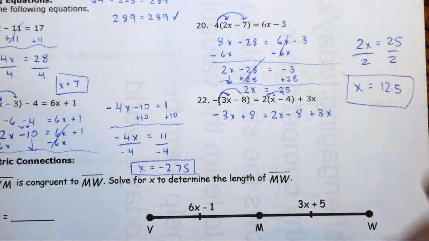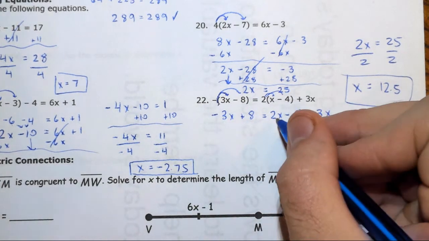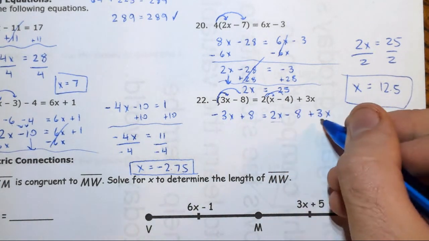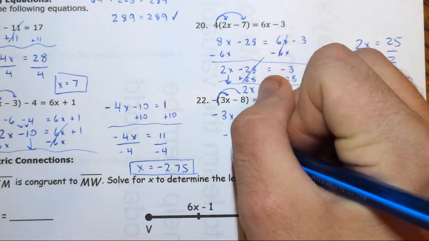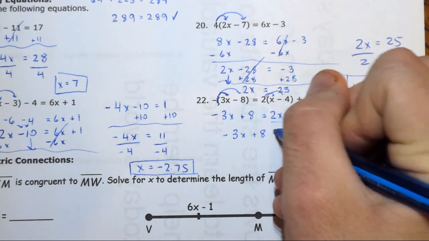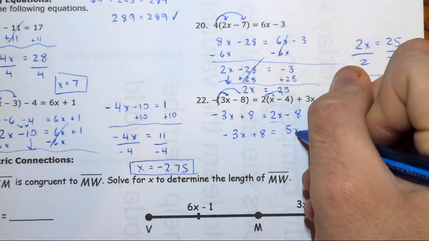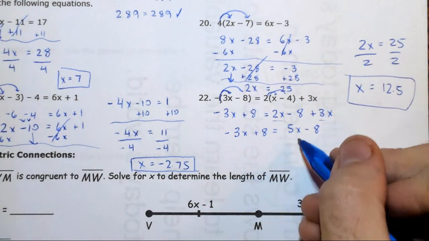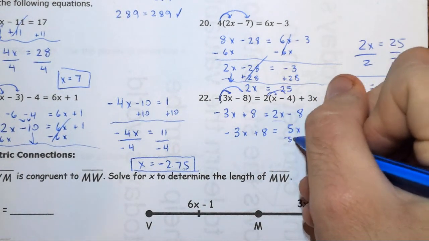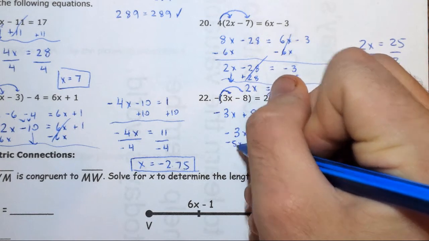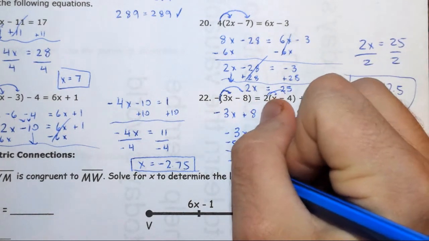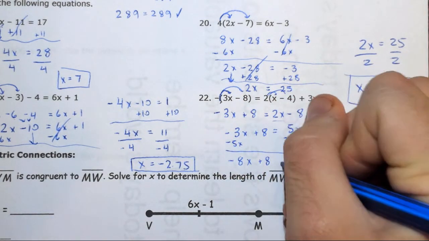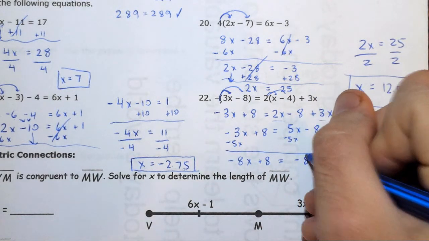Alright, here we go. I'm going to go through real quickly on this one. Over here on the right, I can combine my like terms, my 2x and my 3x. So I have -3x plus 8 is equal to 5x minus 8. I'm going to move the 5x over, minus 5x, minus 5x. I have -8x plus 8 is equal to -8.